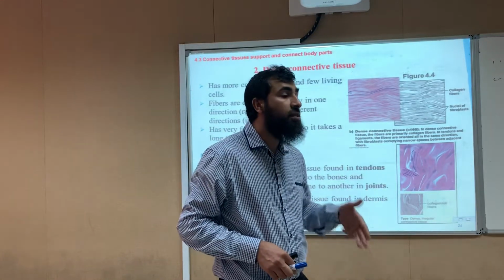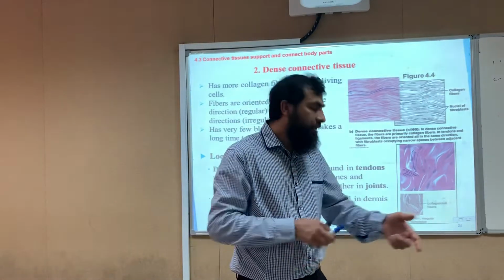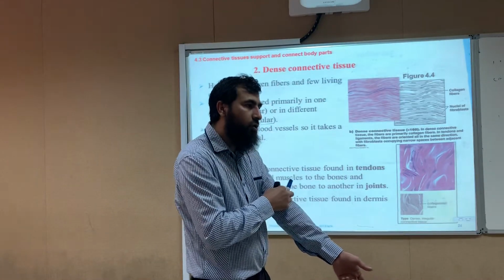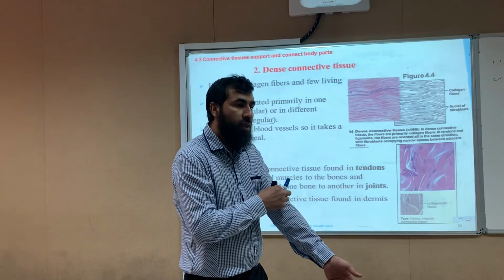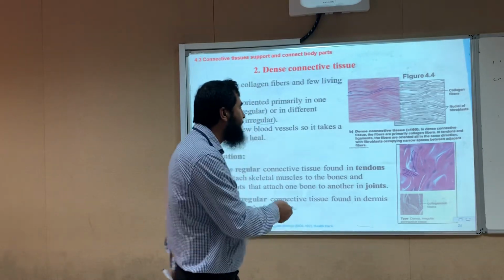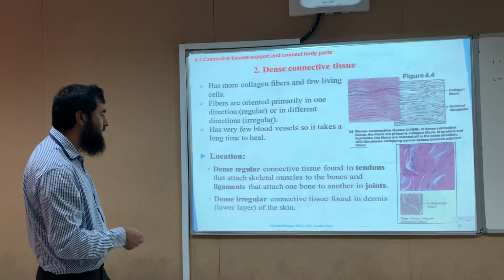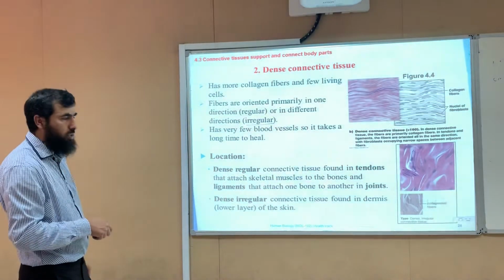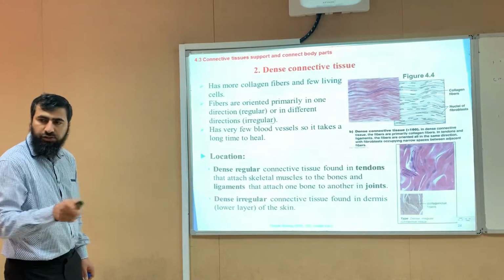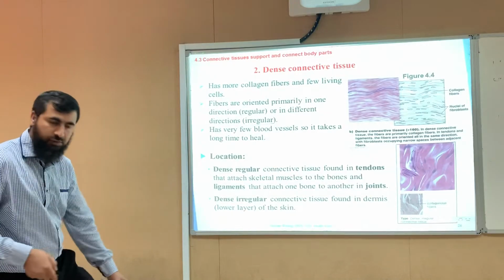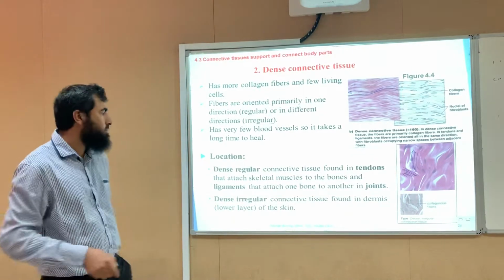So their strength is in one direction as well, as is the strength of the muscles which are connected to the bone. The tendons also have this regular pattern of the fibers. So tendons connect muscles to bone, ligaments connect bone to another bone in the joints. You find them in all the joints, okay?